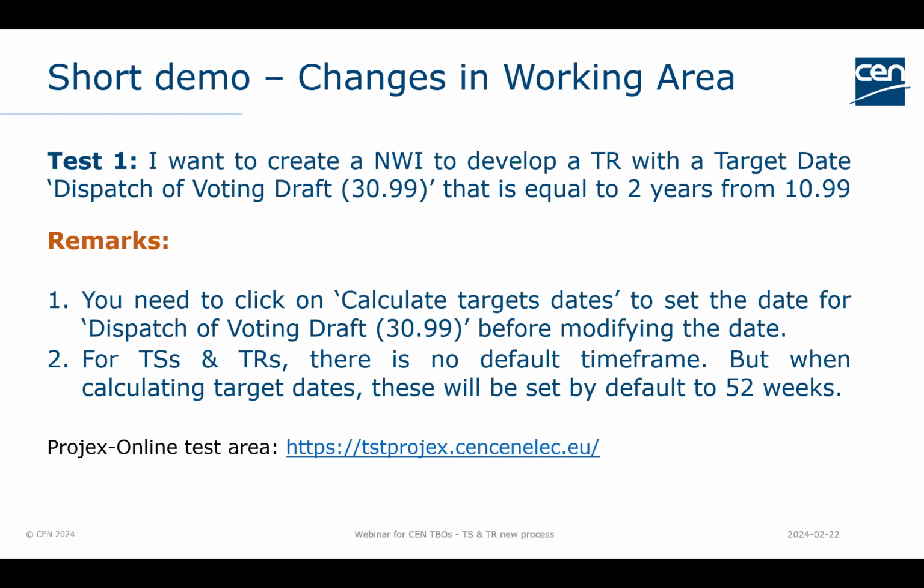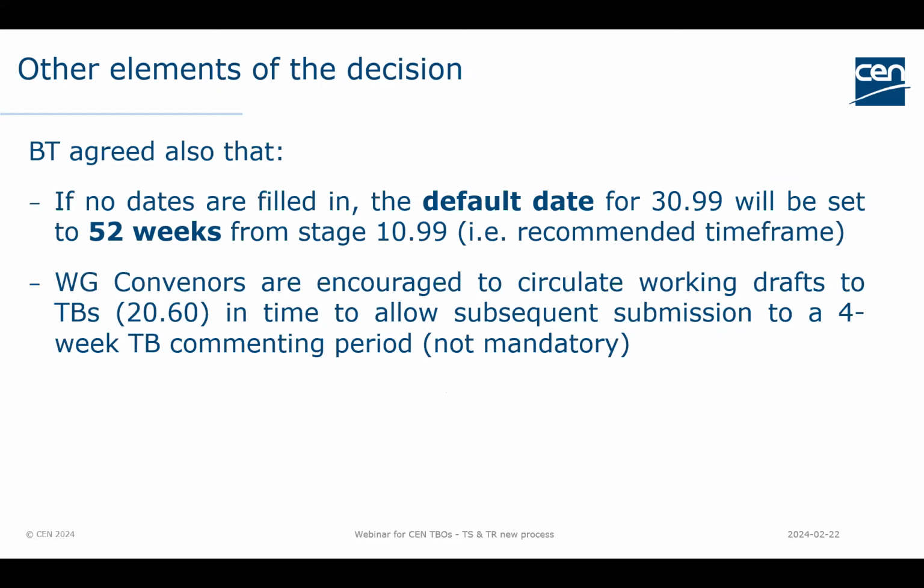Yes, thank you. So as you saw, basically the concepts that are already used in the flexible process are de facto also transposed into the development of TS and TR. So I hope for all of you this has been easy to understand.